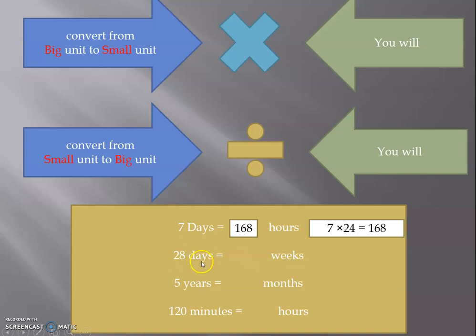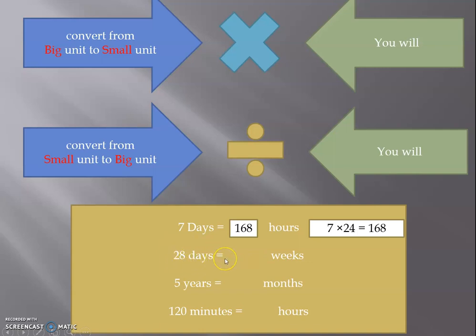Next question. 28 days equals how many weeks? Here I have days, and here I'm talking about weeks. So I will convert from small to big, and from a small unit to a big unit, we divide. For division I need two numbers. The first number is given: 28 days.